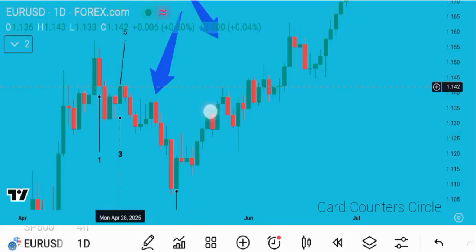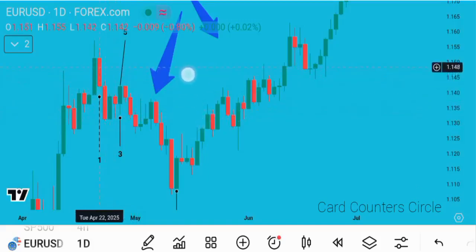So notice how 3 and 5 are in convergence, and we said when numbers converge, we expect one of two things to occur. We begin to either see a consolidation begin, or if we don't have a consolidation, it begins to retrace, right? The first convergence was down here between 2 and 1. Notice, the first candle was 1, the second candle was 2, and the third candle is 3, right?